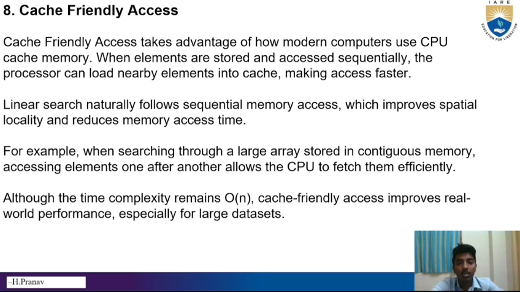For example, when searching through a large array stored in contiguous memory, it accesses all elements one after another. It allows the CPU to fetch them efficiently. Although the time complexity remains the same, cache-friendly access improves real-world performance, especially for large data sets.